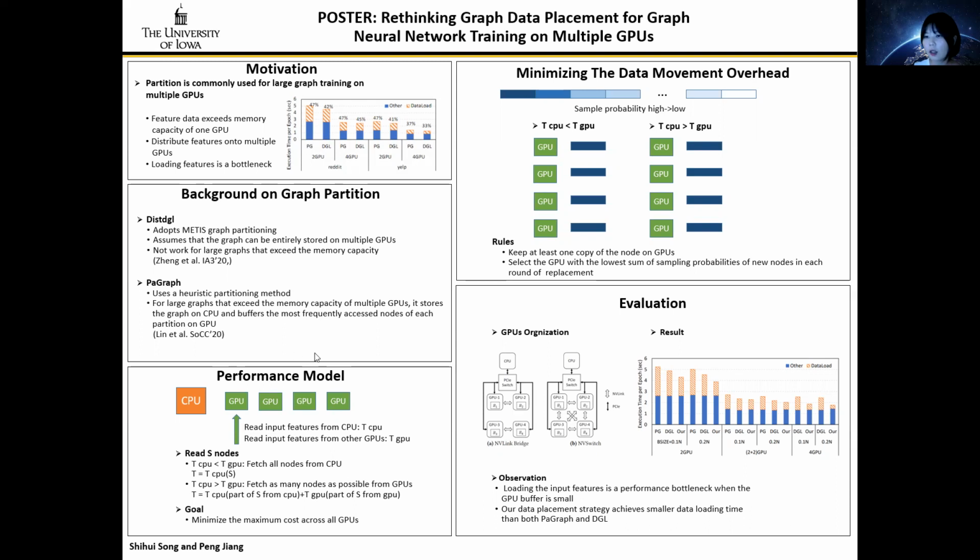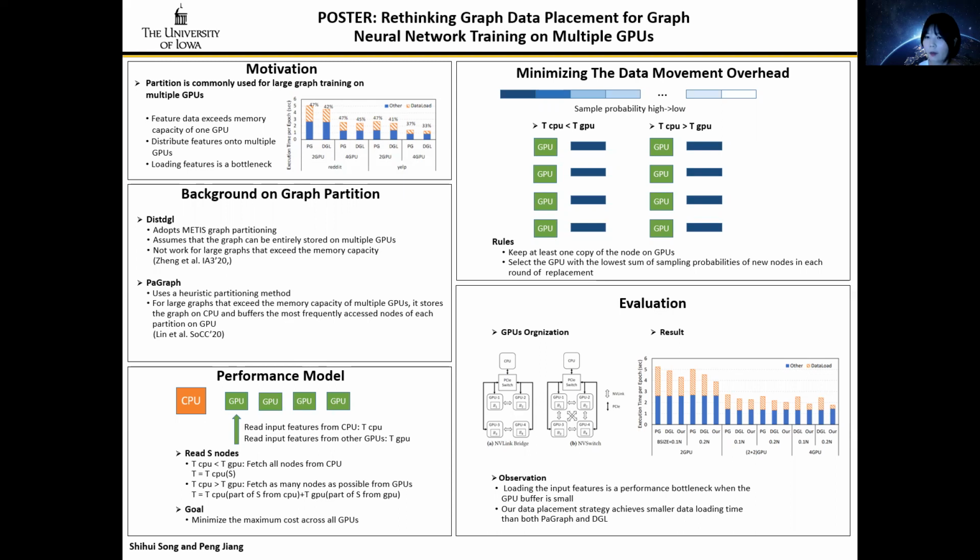To reduce the data loading overhead, we first proposed a performance model of data movement among CPU and GPU in GNN training. For a specific GPU, we assume that the cost of reading a node on the same GPU is zero. The cost of reading a node on a different GPU is tGPU. And the cost of reading from CPU is tCPU.